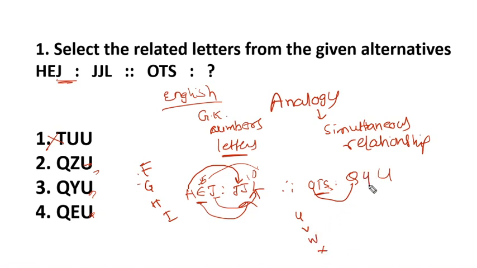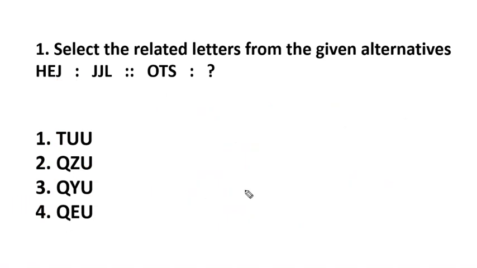We can say Y. So our answer will be Q, Y, U. You can ignore the second and fourth, third. So what is my answer for this question? Option number 3, Q, Y, U. Right? Okay, let's go to the next question.